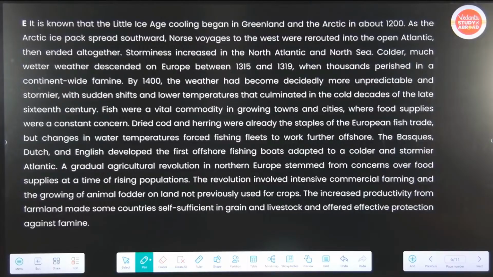A gradual agricultural revolution in northern Europe stemmed from concerns over food supplies at a time of rising populations. The revolution involved intensive commercial farming and the growing of animal fodder on land not previously used for crops. The increased productivity from farmland made some countries self-sufficient in grain and livestock and offered effective protection against famine.